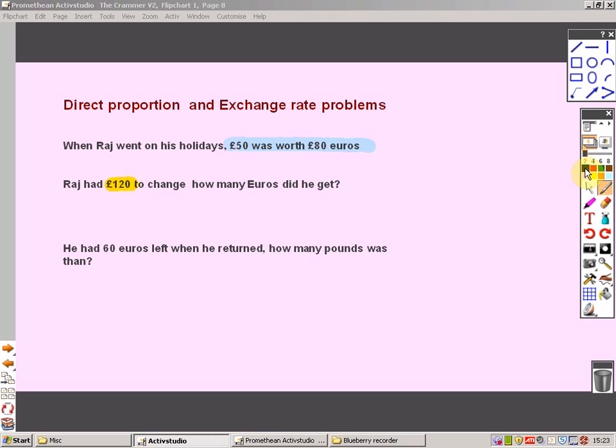So I know that I start with my pounds. I'm going from 50. I've got to get down to £1, and then I'm going from £1 up to 80 euros. I've actually put the wrong sign now, I apologise for that. So 50, I'm going to divide by 50, and then 1 to 80 is times 80.